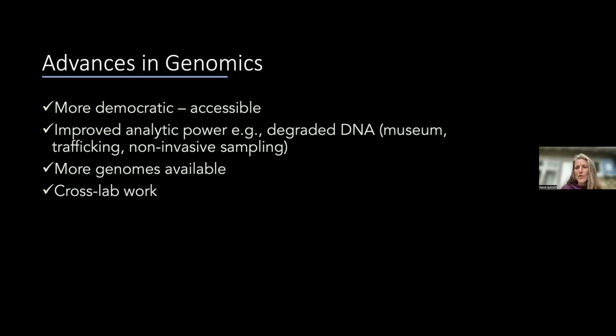For example, we have more access to different kinds of DNA, including degraded DNA, which is very useful when you work with museum samples, with samples that come from trafficking places, or just to monitor populations when you want non-invasive sampling, for example collecting hairs or scats from bears, wolves, anything. And with more genomes available, there is also an advantage when you want to compare data among labs.